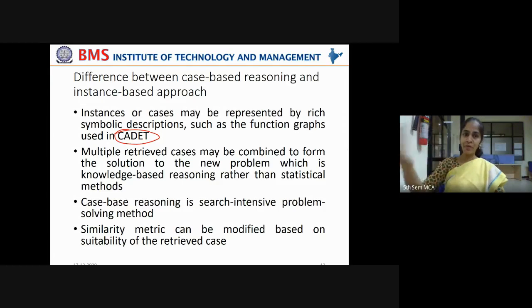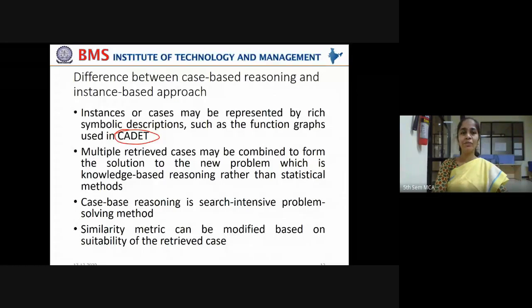Means they are always trying to refer to the existing function graphs in case of designing mechanical devices, or they are trying to refer to the existing rules in case of judgments. This is how case-based reasoning works.